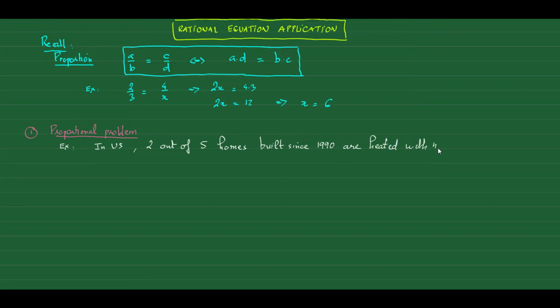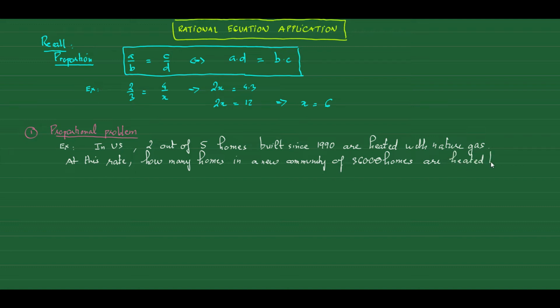Okay, so this is a word problem. At this rate, how many homes in a new community of 36,000 homes are heated by natural gas.